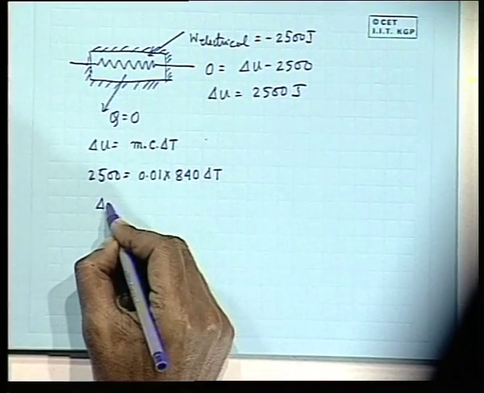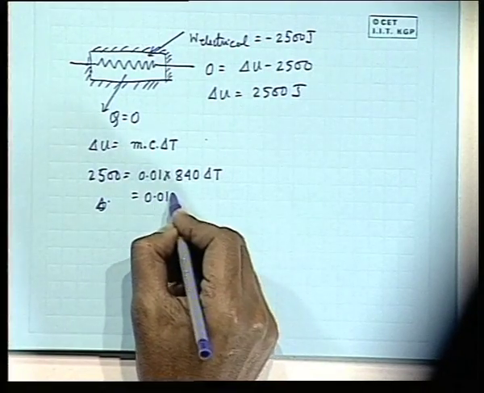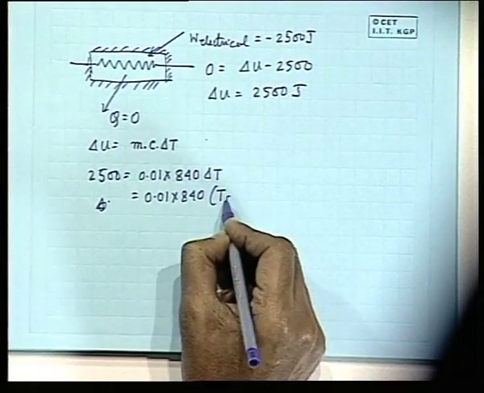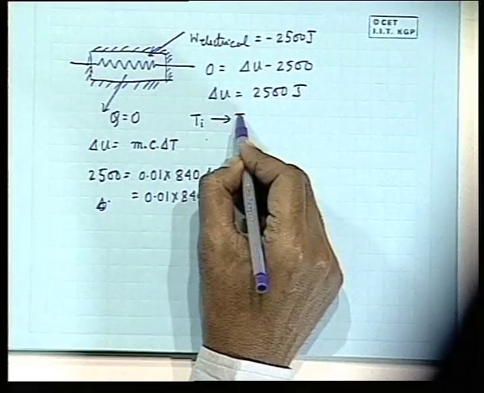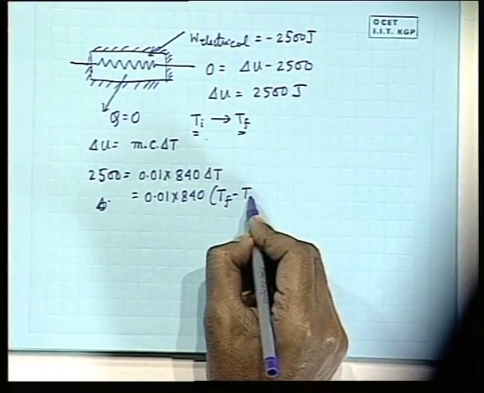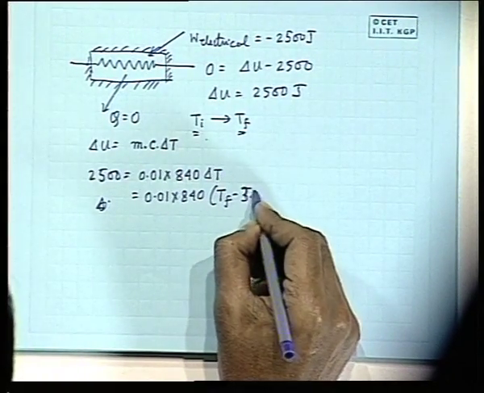So, this gives delta T. I can write it rather straightforwardly as 840 into (Tf minus Ti), where Ti is the initial temperature and Tf is the final temperature. What is Ti? Ti is 300 K, very good.